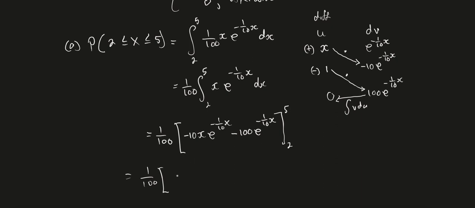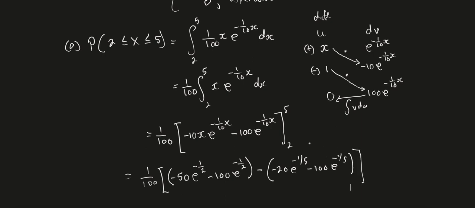So this will give us a negative 50 e to the negative 1/2 minus 100 e to the negative 1/2. So that's at the upper limit. And then minus, at the lower limit now, we're going to have a negative 20 e to the negative 1/5, and then minus 100 e to the negative 1/5.